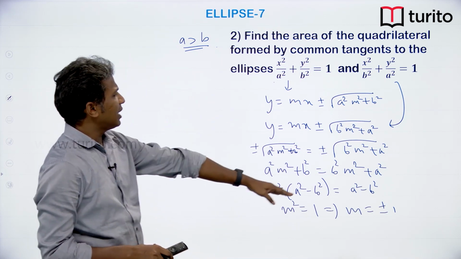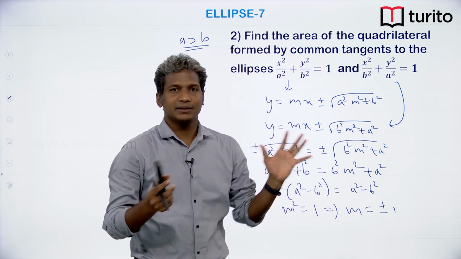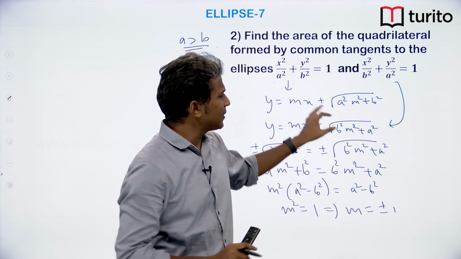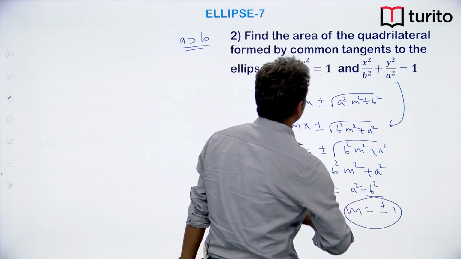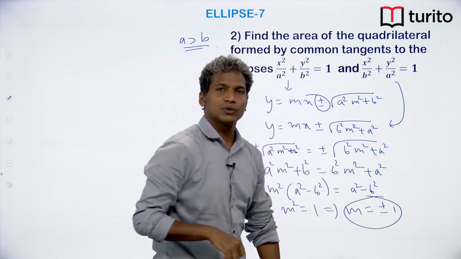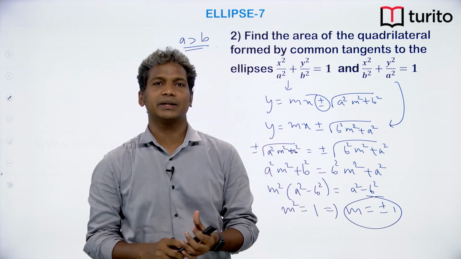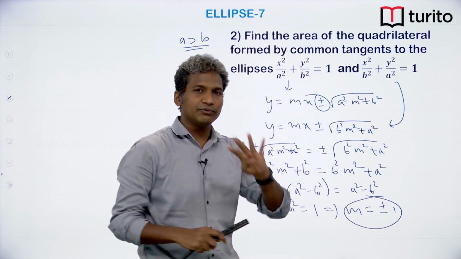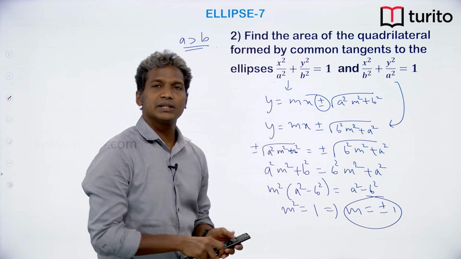So when I put m equal to 1 here or minus 1 here, I may get common tangents. But the plus minus sign is confusing. For example, I got two slopes here and there is plus minus here. So total how many possibilities are there? 2 into 2, total 4 possibilities. That means I should be getting 4 equations of common tangents. Now let us verify this geometrically.